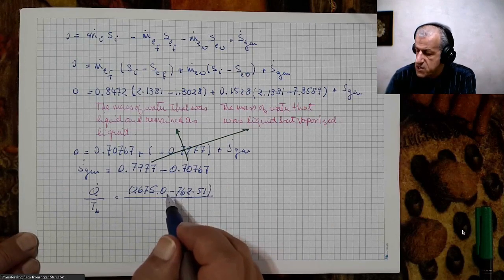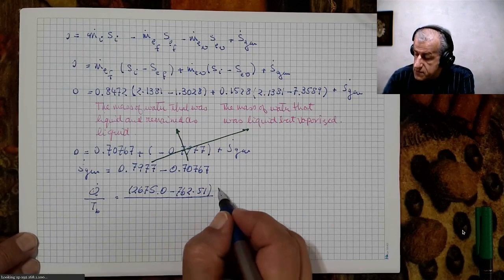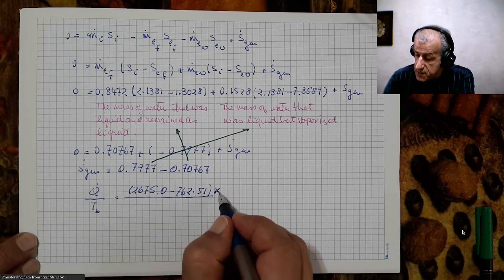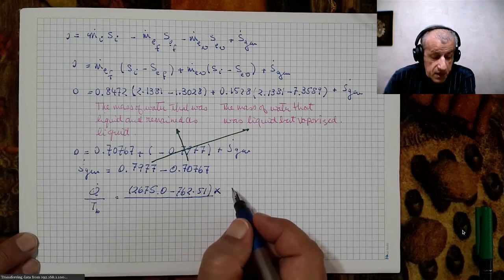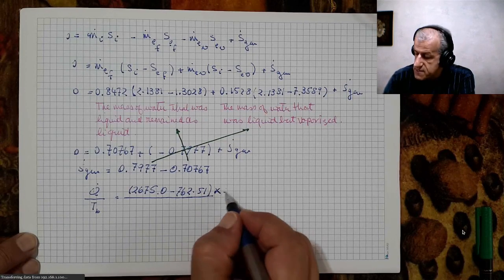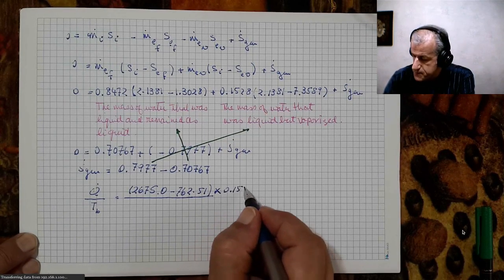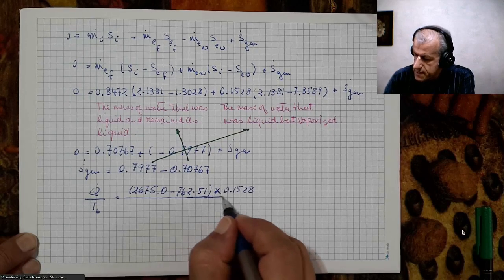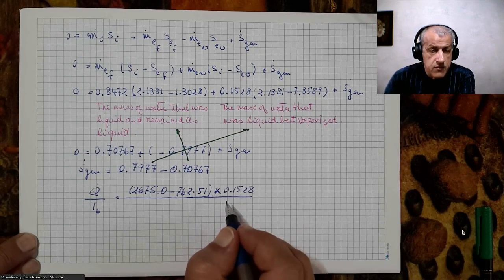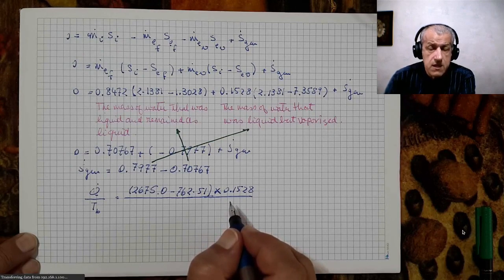And we must multiply this by its mass, which is 0.1528, and divide it by the boundary temperature. We don't know what the boundary temperature is because the temperature is changing.